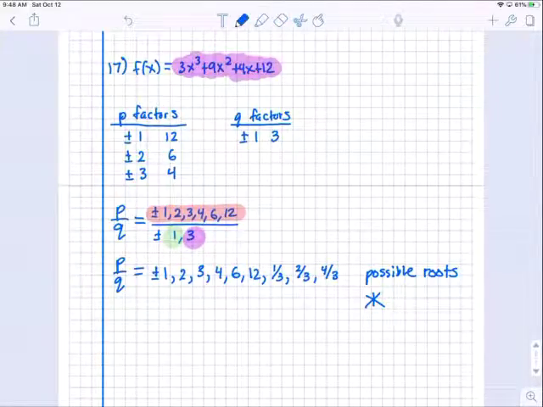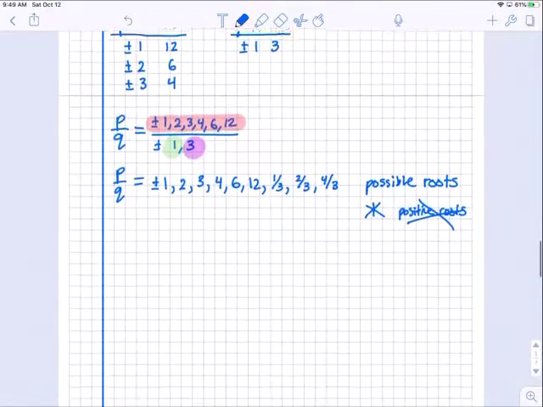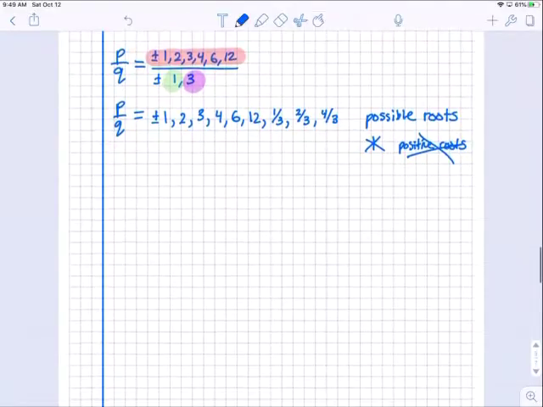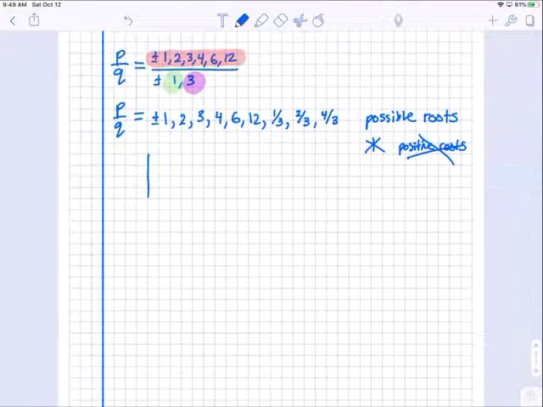So positive roots are not going to equal 0. That automatically eliminates all the positive values, so our roots can only be negative values. Again, that's just one technique for you to try out.